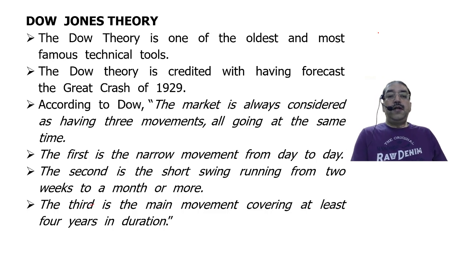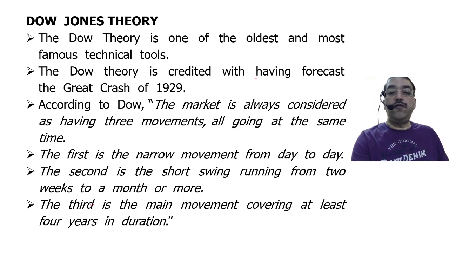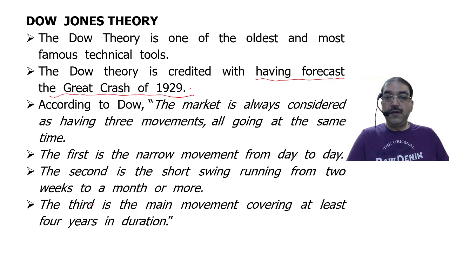Okay. Now, the Dow theory is credited with having forecasted the great crash of 1929-1930. There was a great depression of 1929-1930. Now, as per experts, as per the World Bank report that has come just this morning, the world economy is going to suffer a worse economic crisis compared to the great crash of 1929.